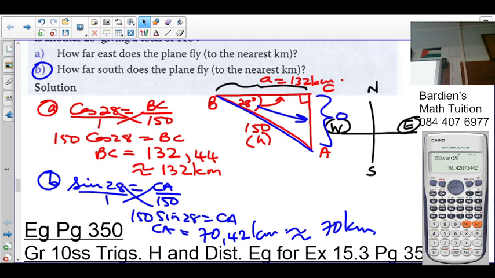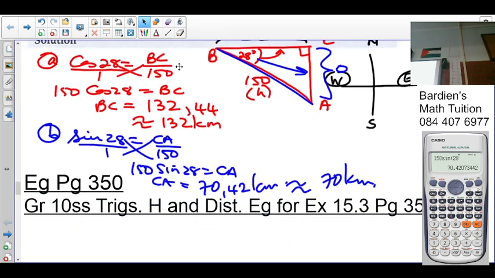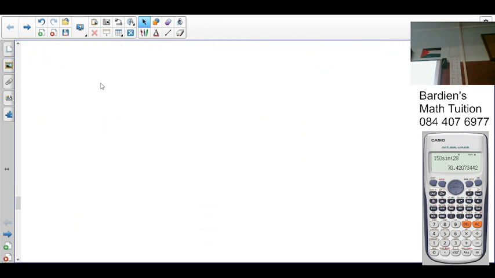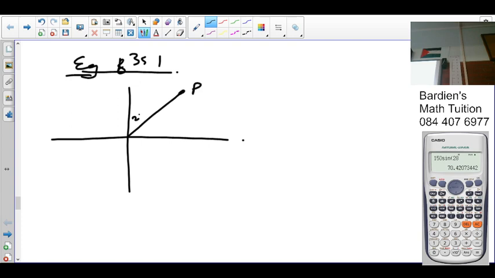And then in the next example, on page 351, they ask you what is the bearing of point P. It's going to be 22 degrees.